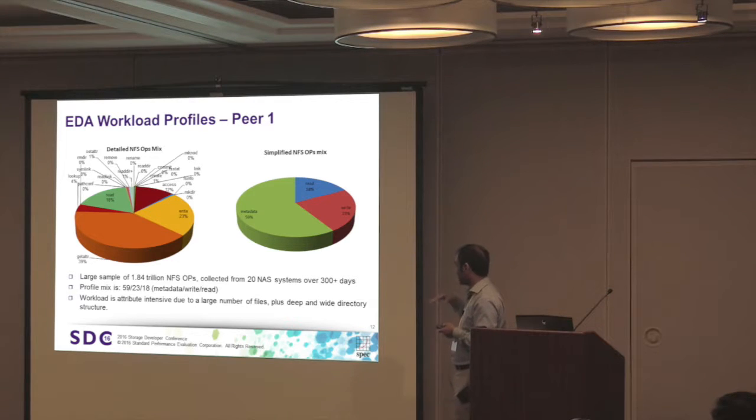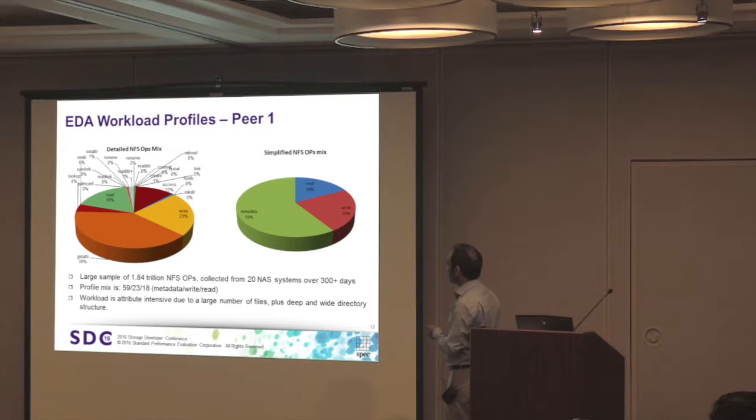So with that in mind, let's look at the largest sample that I collected. I looked at 20 NAS systems that had been up for over 300 days. In aggregate, these 20 NAS systems had generated 1.84 trillion NFS operations. And I said, okay, what does the spread of those operations look like?